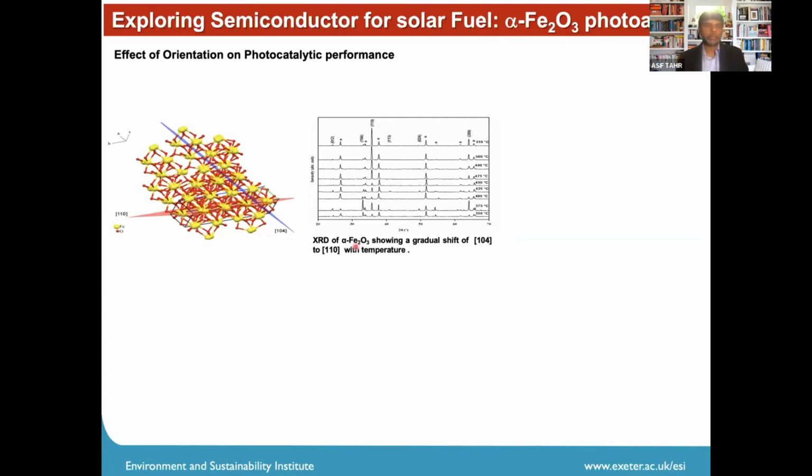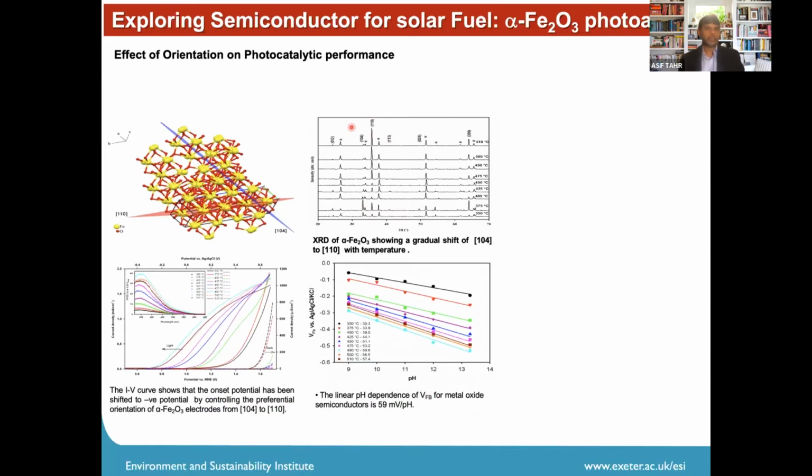So using our fabrication technologies, by changing the fabrication parameters, we have made the iron oxide from 104 oriented film to 110 oriented film, and then using the photoelectrochemical performance studies, we found that the iron oxide which is 110 oriented has much higher photocurrent and performance compared to the iron oxide which is a 104 oriented film.